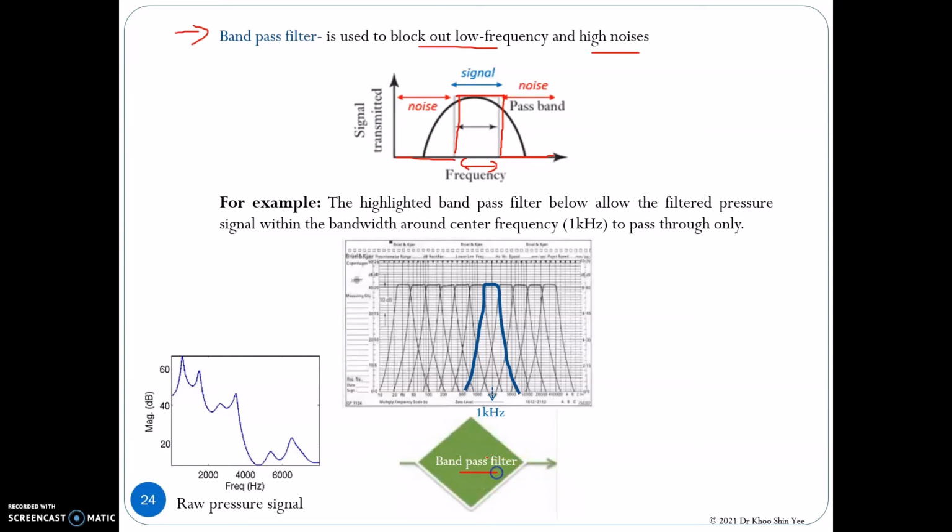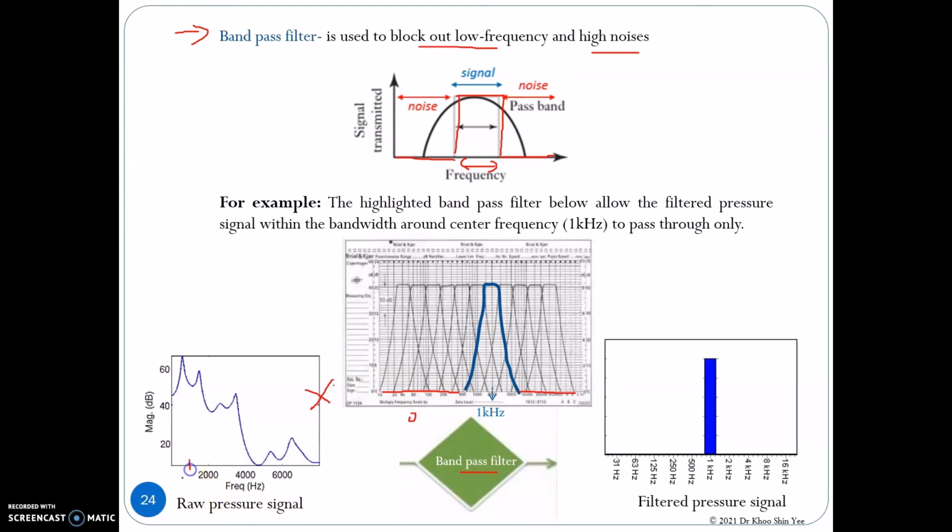Let's apply the bandpass filter, which has the center frequency at 1 kHz here. This blue curve is multiplied with the raw frequency signal, so it will only allow the signal around 1 kHz here to pass through to obtain this band, and the remaining data is equal to 0 because the frequency components here and here multiplied with the 0 of the bandpass filter give the result equal to 0.